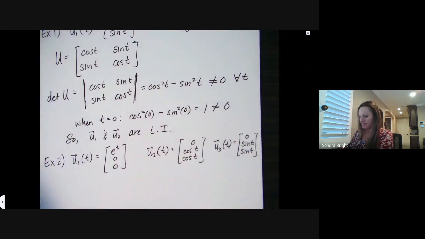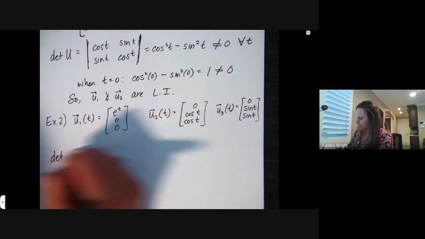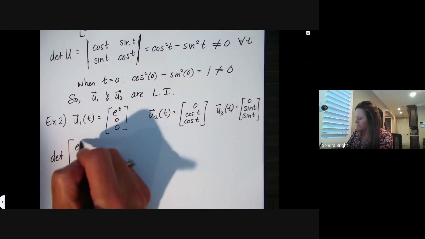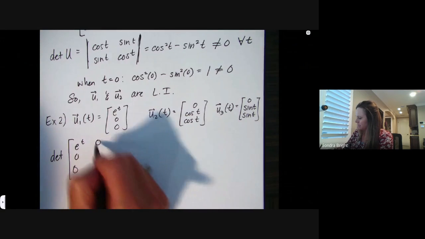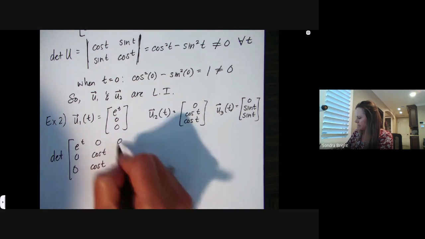Let's find the determinant of this. It would be e to the t, 0, 0, 0, cosine of t, sine of t, 0, sine of t, sine of t.